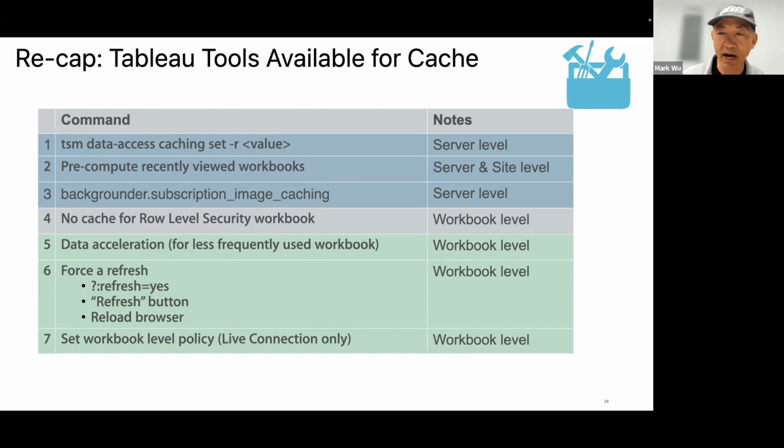It will cache warm up all the frequently used workbooks, hopefully the 80-20 rule. There's a third thing we did not talk about that by default is enabled. At server level, when you run subscriptions, it creates an image, and when another person subscribes, it can leverage that image cache. By default it's on. If you don't do anything, it's on. Leveraging the cache for image as well.